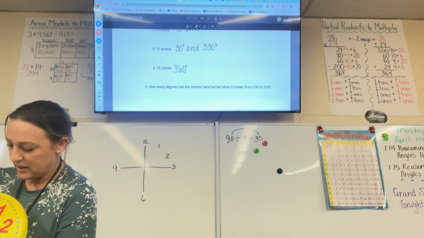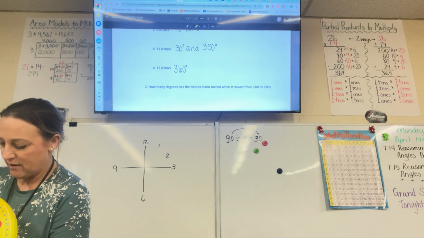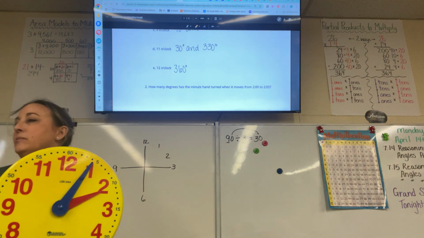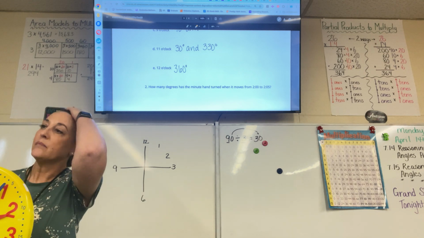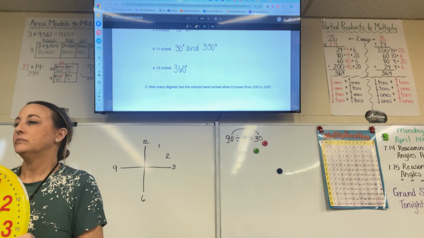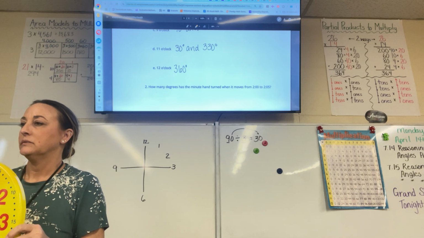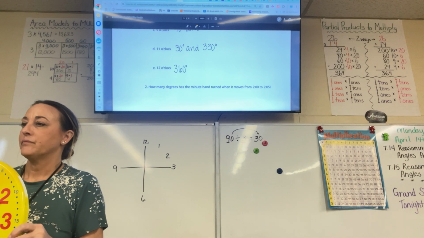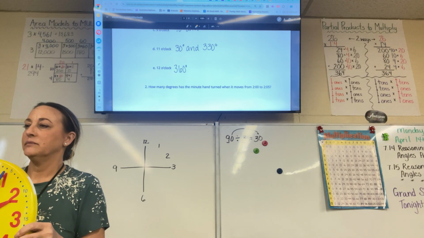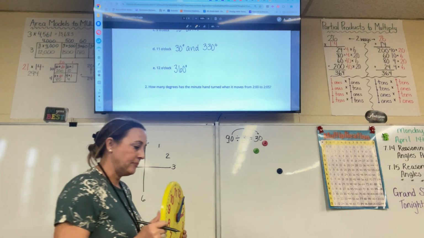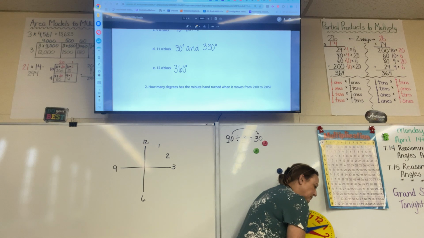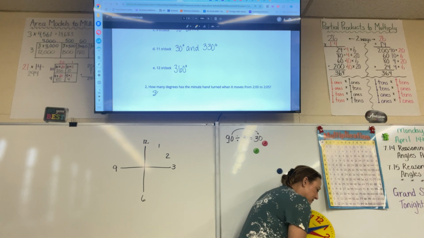So it started at 2 o'clock and traveled to 2:05. 5 minutes. How many degrees is that? Go back to your previous page. How many degrees? 30. Does that make sense? Okay. 30 degrees.